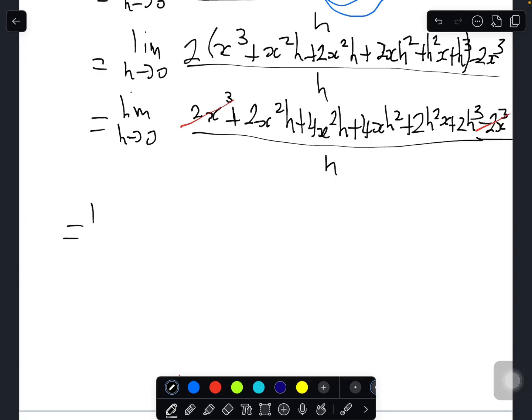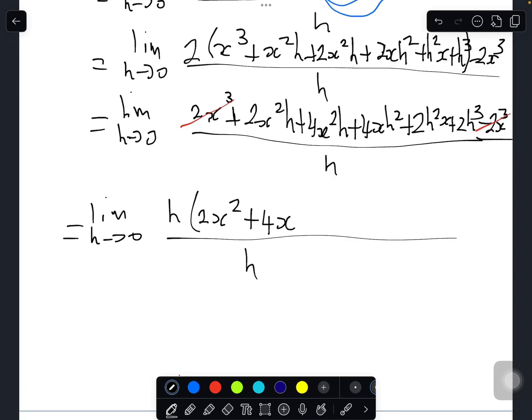So this equals the limit as h approaches 0 of h into 2x squared plus 4x squared plus 4xh plus 2hx plus 2h squared.